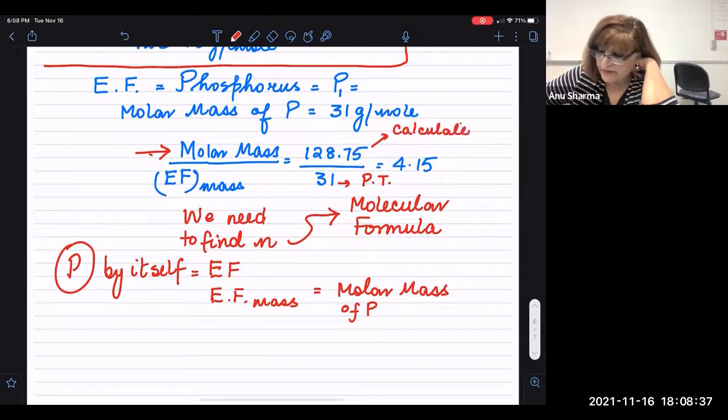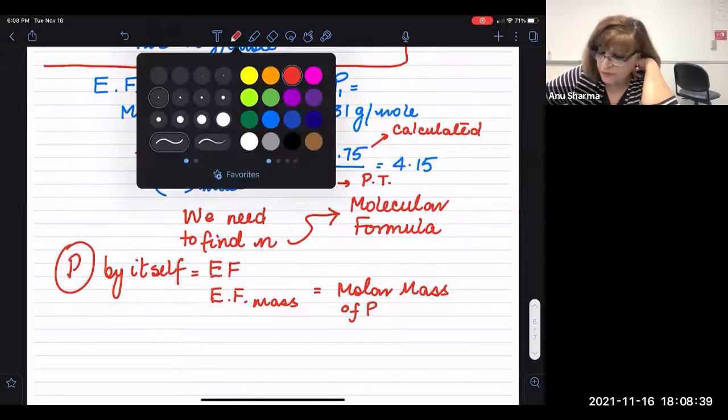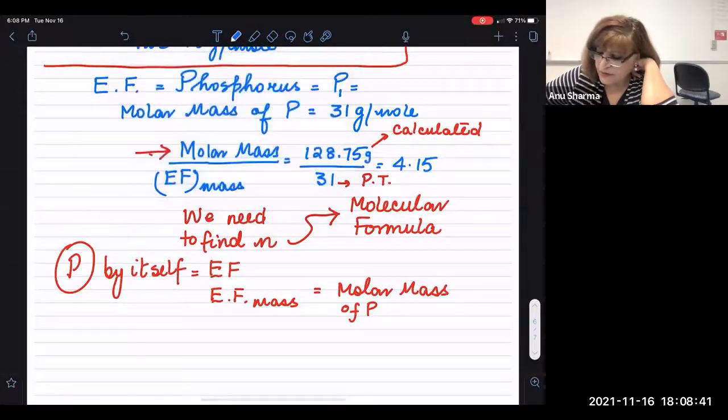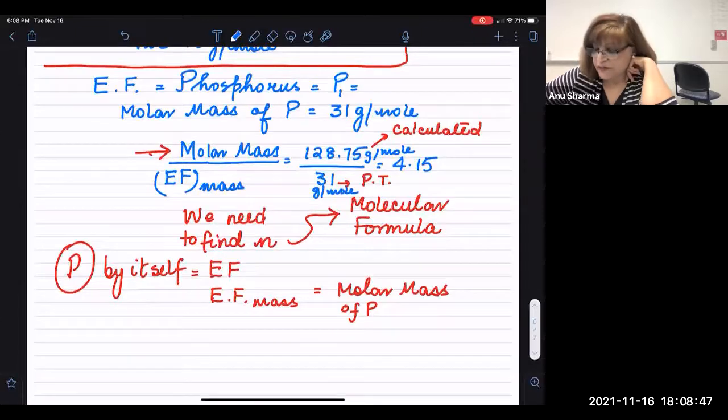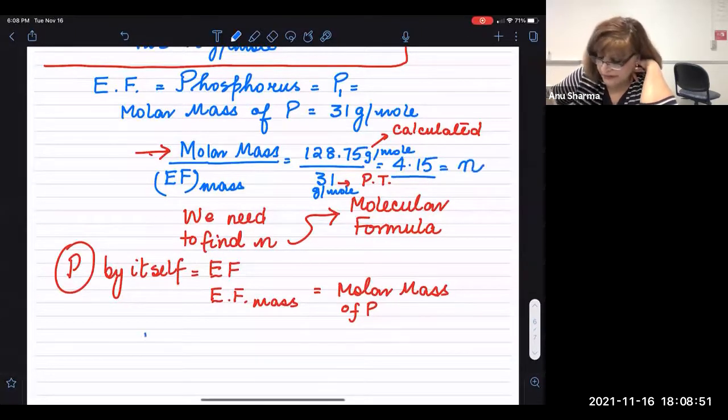So that gives you 4.15, this is grams per mole, and this bottom one is also grams per mole. So this gives you this ratio. This is the value of N. In other words, the empirical formula times N is equal to the molecular formula.